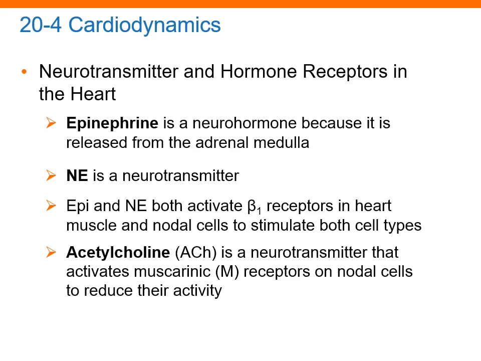About 80% of the beta receptors in the heart are beta 1. We don't really see a lot of beta 2. You'll see that later on, but those are mostly in the blood vessels. Acetylcholine, again, is the neurotransmitter that activates muscarinic receptors on nodal cells, and that reduces their activity.